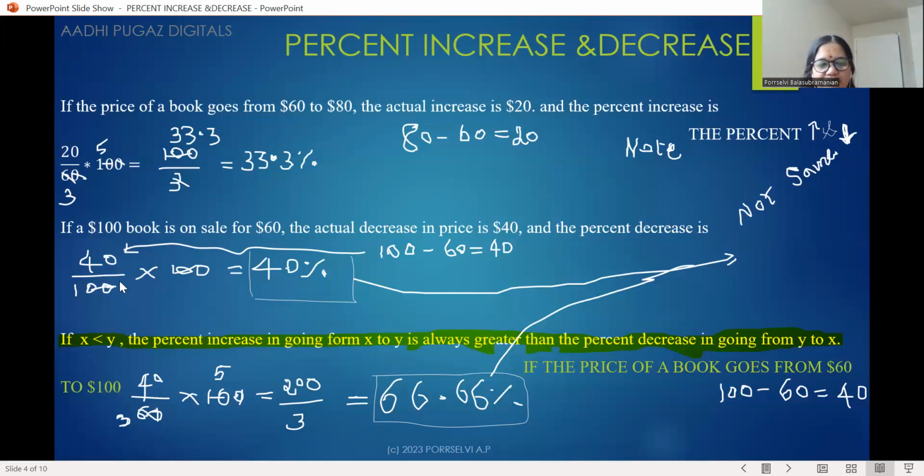So the note here: if X is less than Y, the percent increase in going from X to Y is always greater than the percent decrease in going from Y to X. Let's see the first half of the sentence. X less than Y, where X is the initial amount.